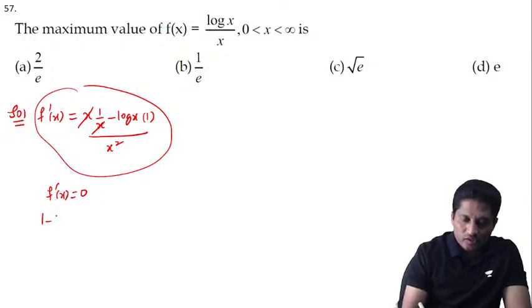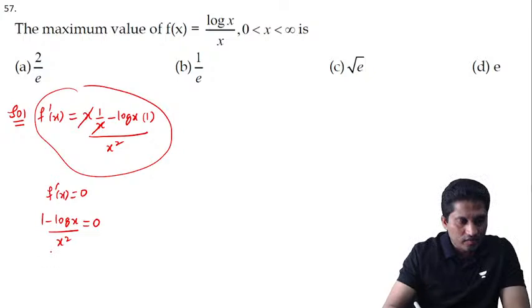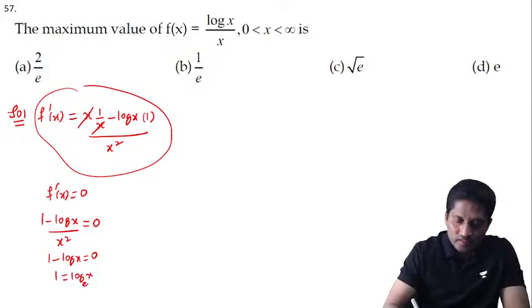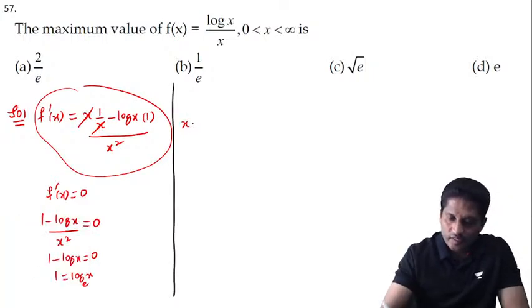That is 1 minus log x divided by x square should be 0. If I cross multiply, you get 1 minus log x is equal to 0. That is 1 is equal to log x to the base e. Now x is equal to e power 1, x is equal to e.